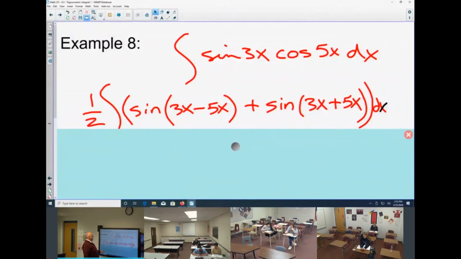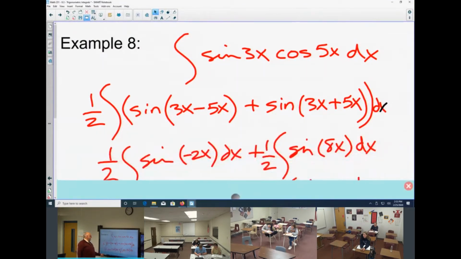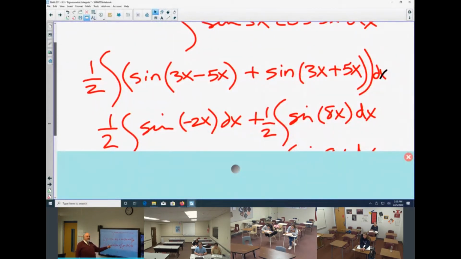Applying that formula, you get 1/2, which you can always pull in front, times the sine of 3x minus 5x plus the sine of 3x plus 5x. That's 1/2 the sine of negative 2x plus 1/2 the sine of 8x. Before we go on, let's talk about this negative.